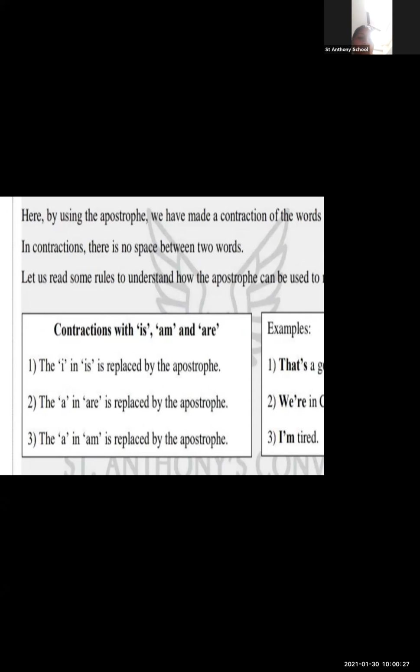When we want to replace i in is with the apostrophe, what will you do? You will write it's, that's, those. That means apostrophe s only. Apostrophe s. That means it is, that is, this is.